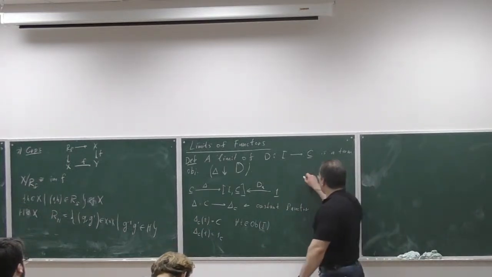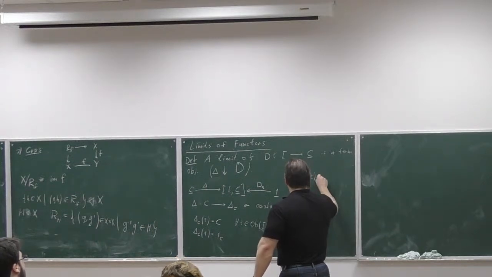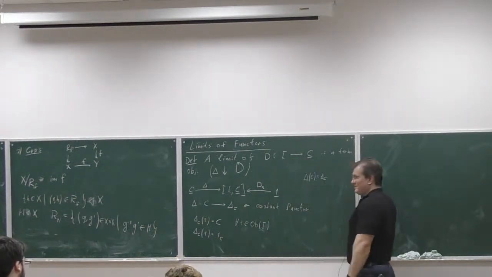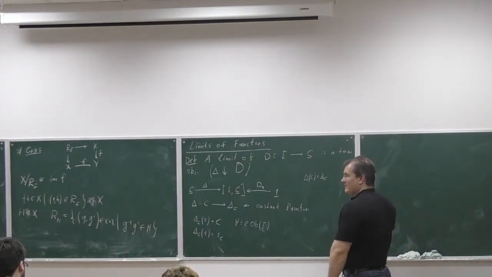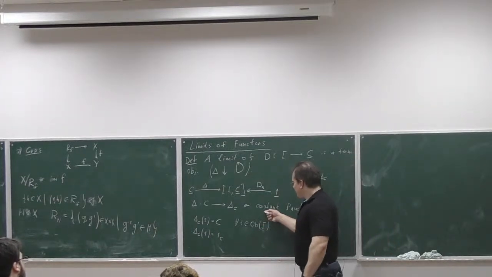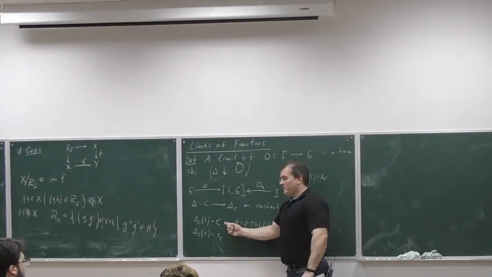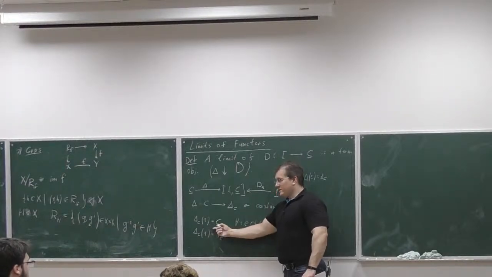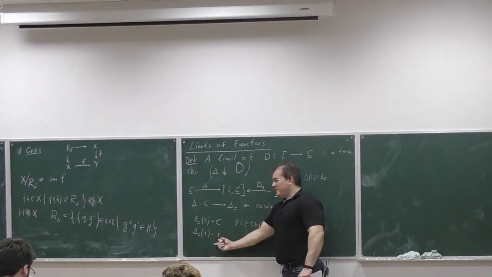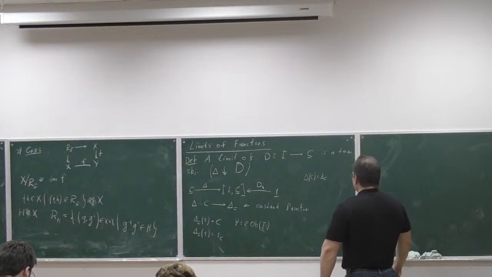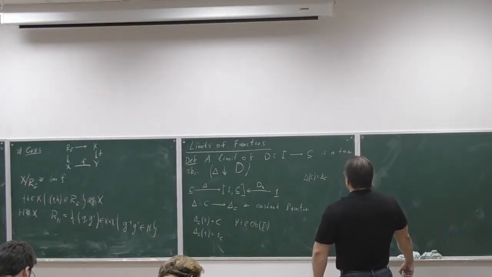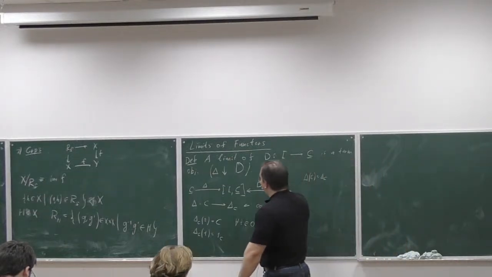Yeah, so the correct formula will be Δ of C is Δ sub C. Δ sub C is a constant functor, and this is the definition of a constant functor. On any object, this is the object C, the same for any I, and for any map, this is identity on this object C. Okay, now, well, that's Δ.